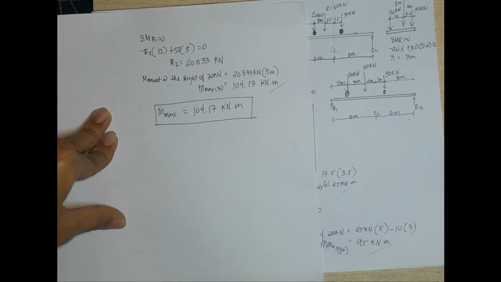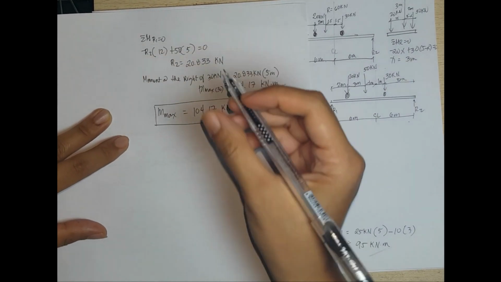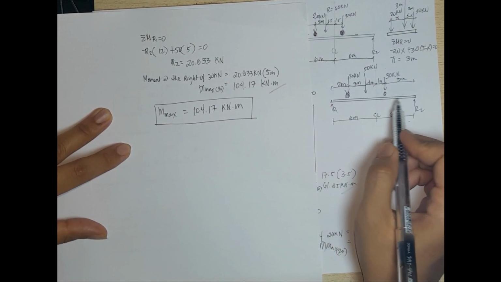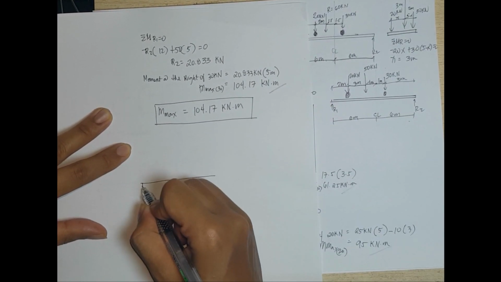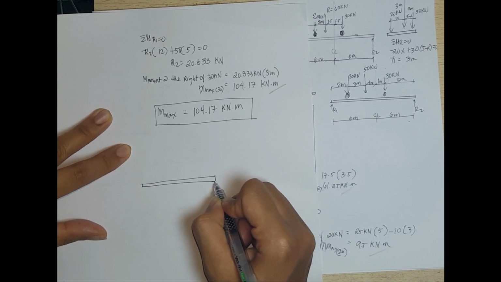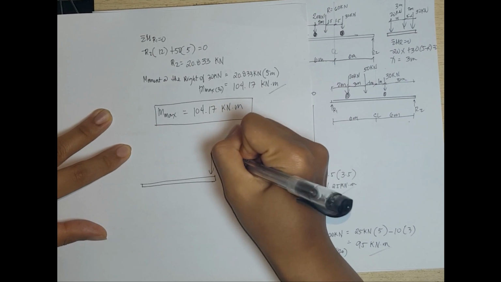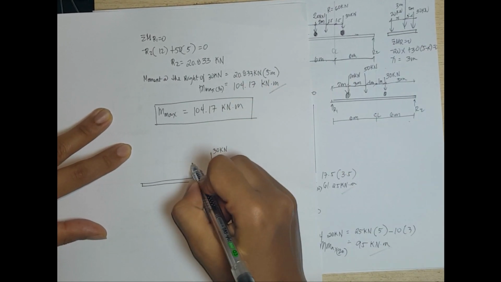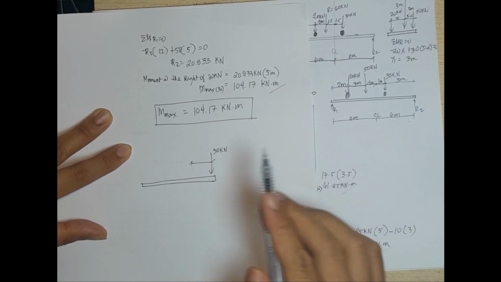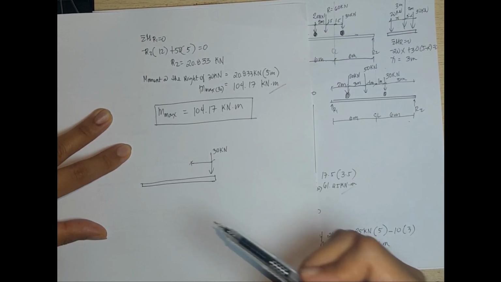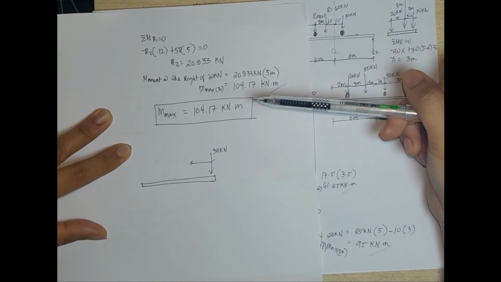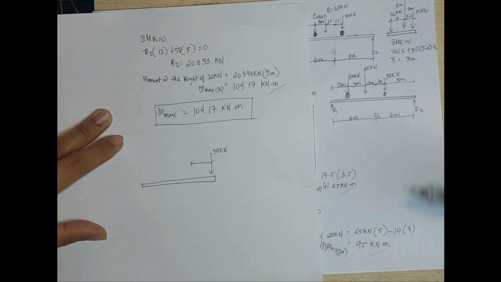And then, for the maximum shear, i-drawing lang natin yung ating span. So, since 30 kilonewton yung pinakamalaki, ilolocate natin yung 30 kilonewton at the support. So, this is 30 kilonewton. And then, kung sino yung pinakamalaki sa kanila, yun yung ilolocate nyo. Or kung sino yung pinakamataas na moment sa kanila, yun yung ilolocate nyo or ilalagay nyo sa support.